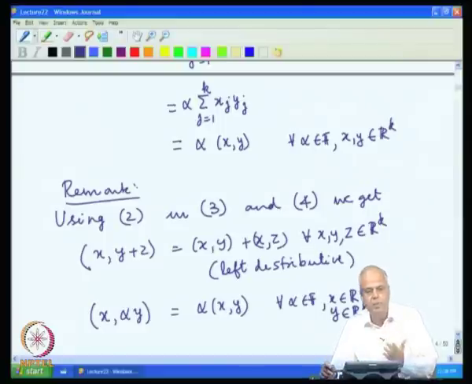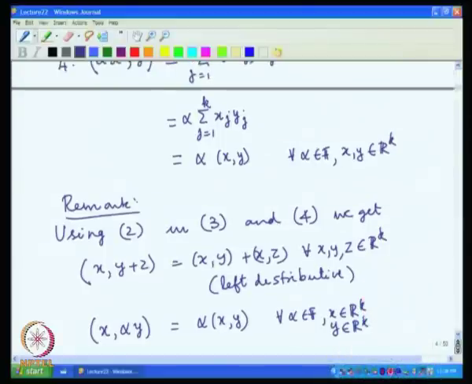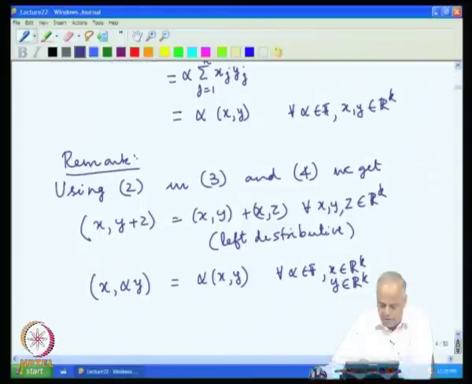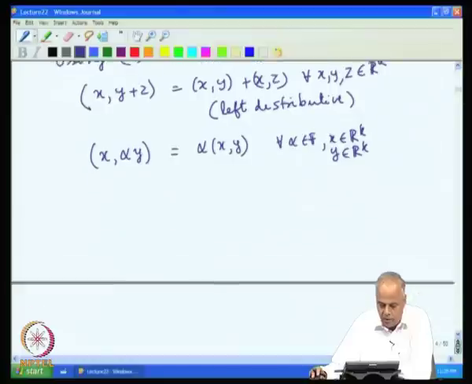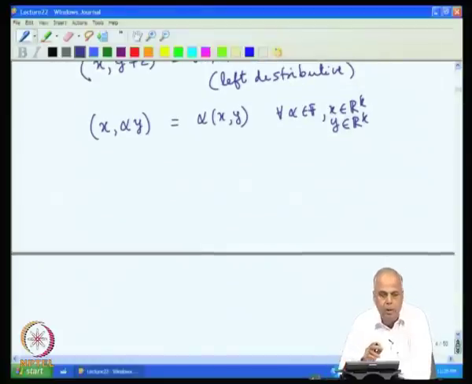So, we have left distributive, right distributive, and the constants can be pulled out of the inner product either from the first factor or from the second factor. So, this is a very important generalization of the notion of the dot product that we had in vector algebra.